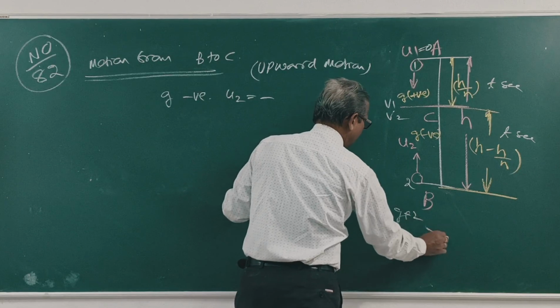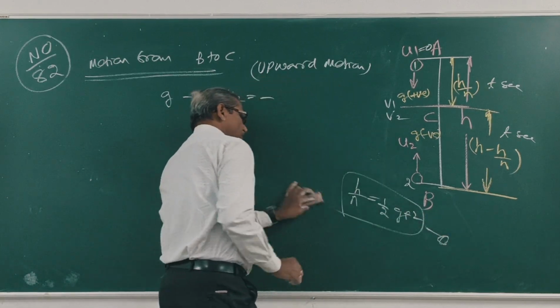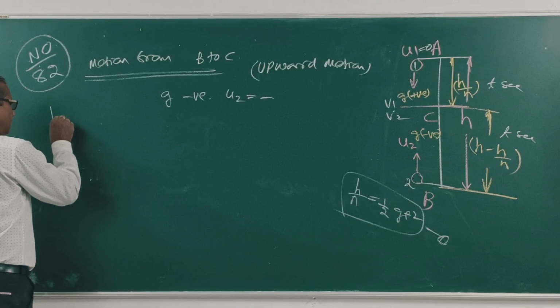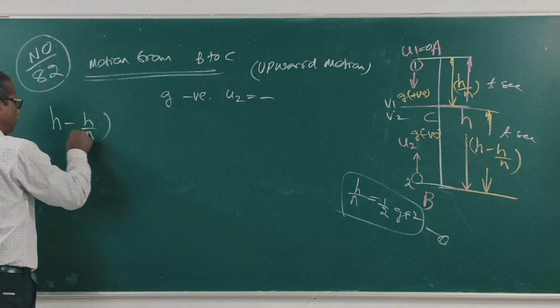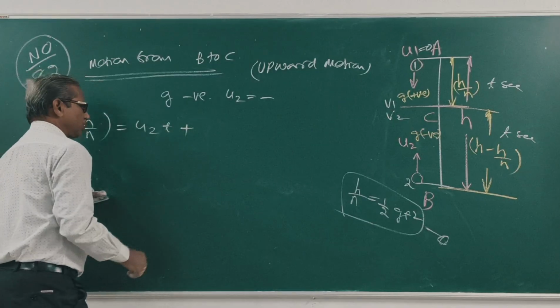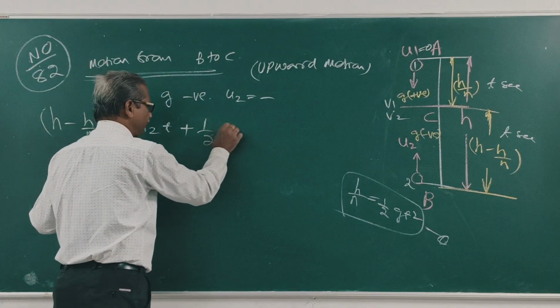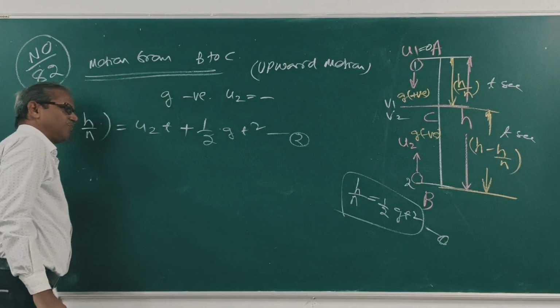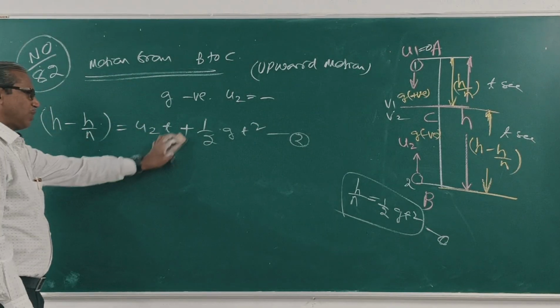So from B to C, h minus h1 is equal to u2 t minus half g t square. This is equation 2. Minus half, not plus.